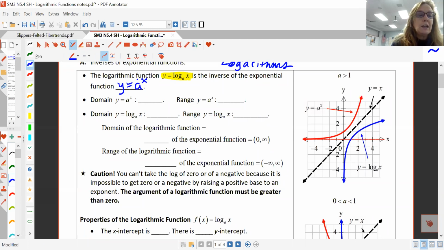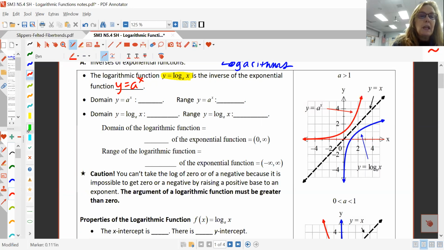So if we're talking about a to the x, okay, domain and range for a to the x, wait, my color coding is backwards. Hang on, we need to start over. A to the x is red. Okay, y equals a to the x.